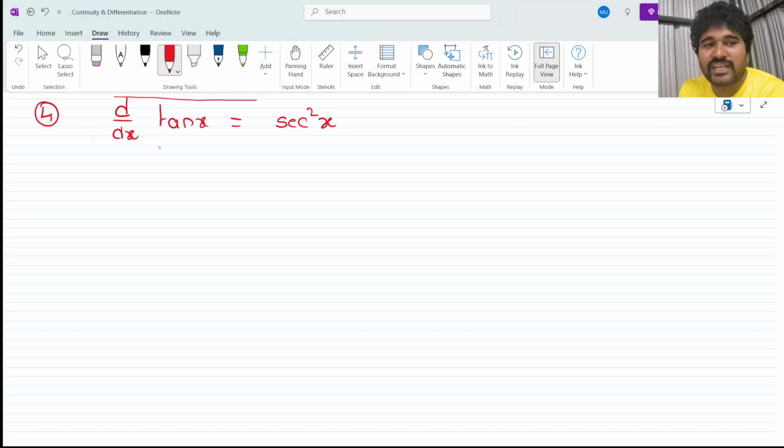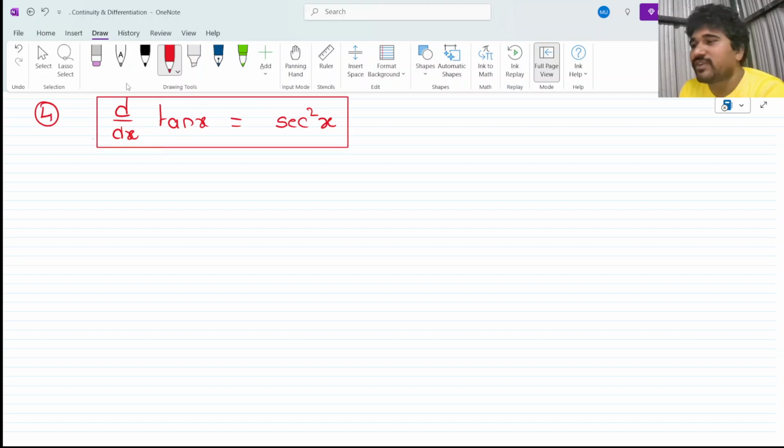Secant square x. Please keep this in mind. Differentiation of sin x, cos x. Differentiation of cos x, minus sin x. Differentiation of tan x, secant square x.